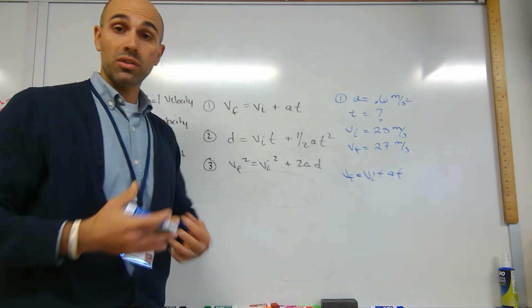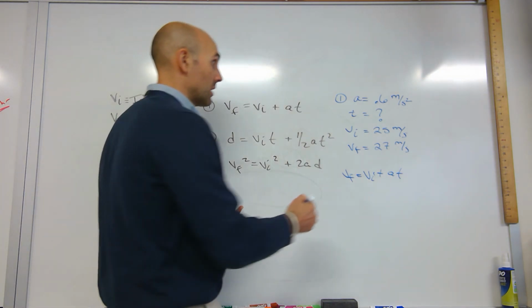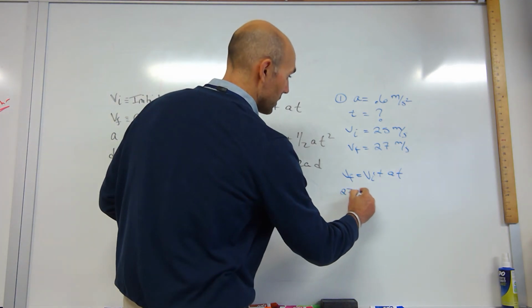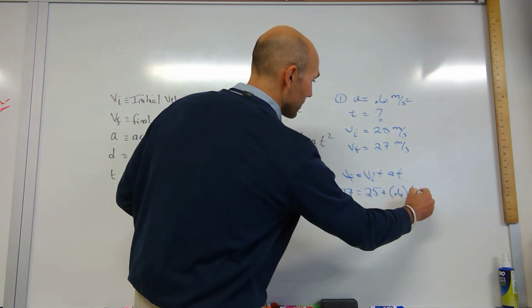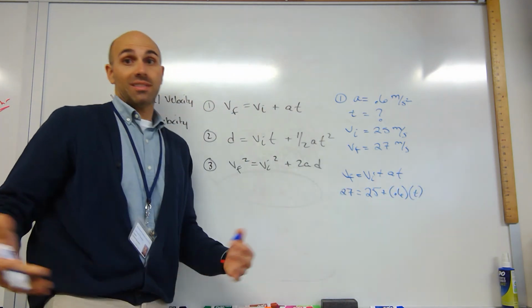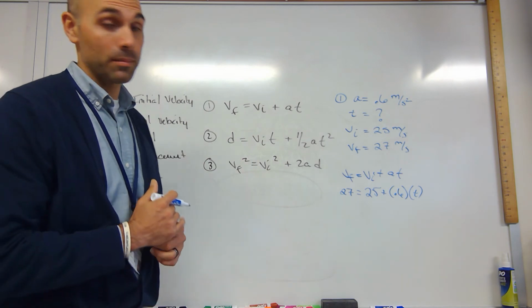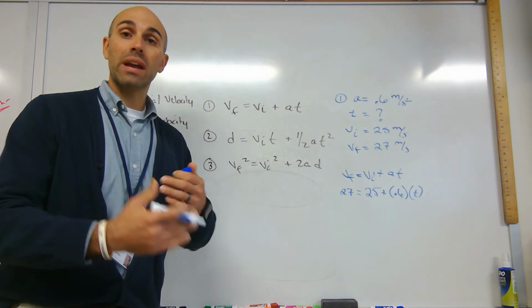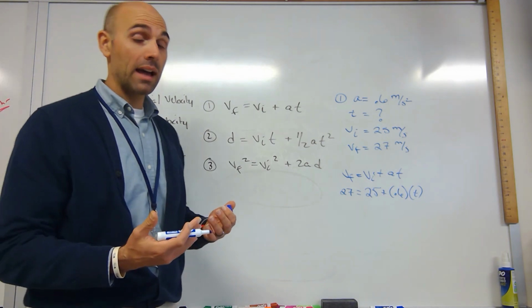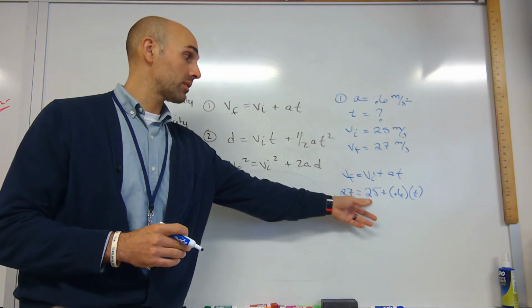And then you're just going to plug the numbers in. VF is 27. VI is 25. A is 0.6. And T is just T. It's still a variable that we're looking to solve for. Remember, we want to get T alone, so we're doing everything in reverse. Normally, the last thing you do to solve the problem is add that.